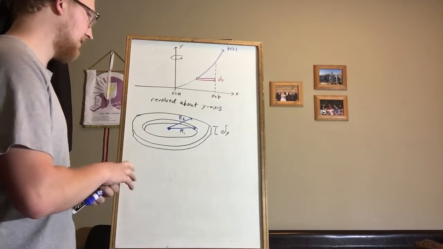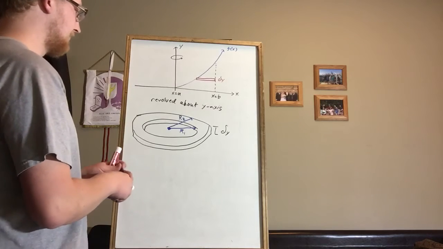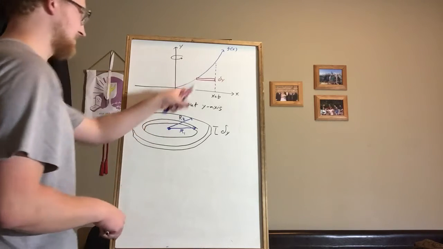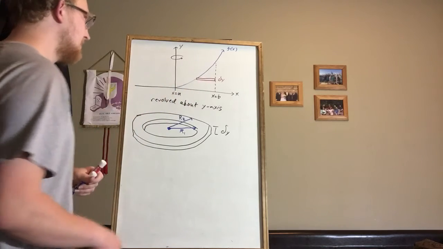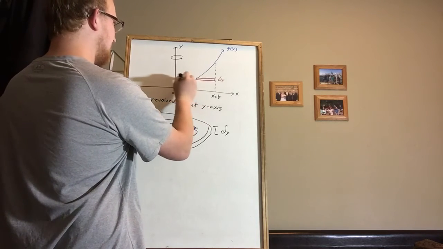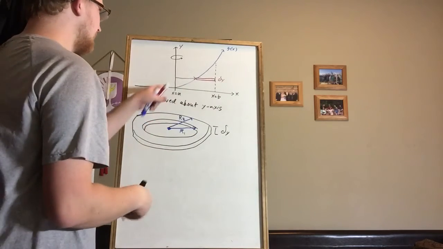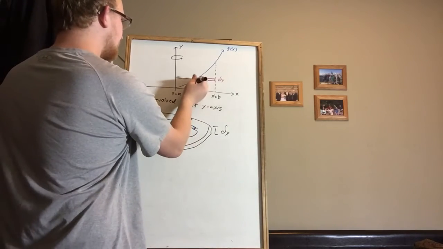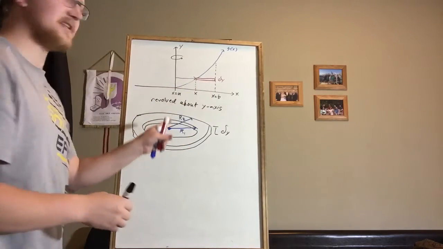So what we need to do here is figure out some of the dimensions for this specific example. So we have to apply it to this graph. You'll notice that the radius 1 of this strip that we revolved, when we drop it down, would actually be an x value.